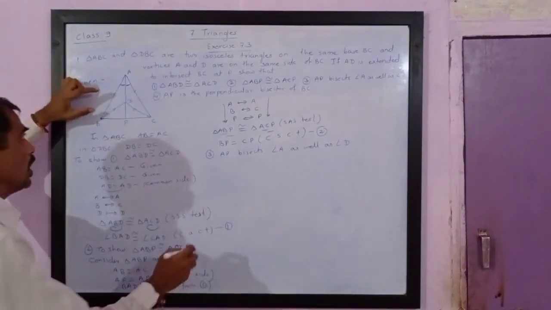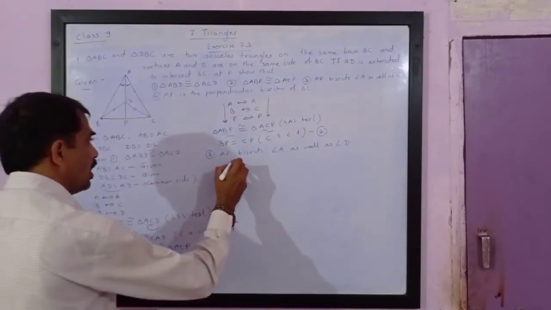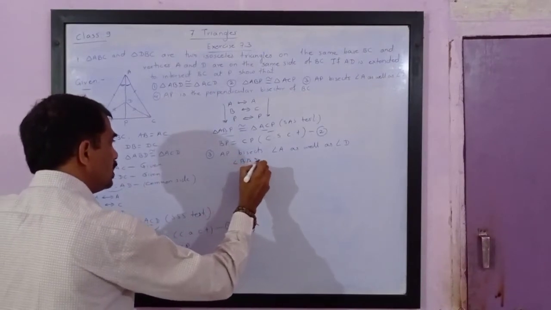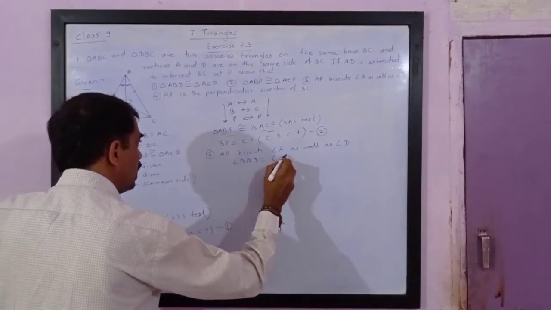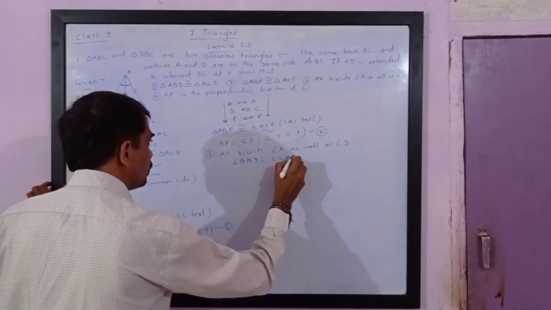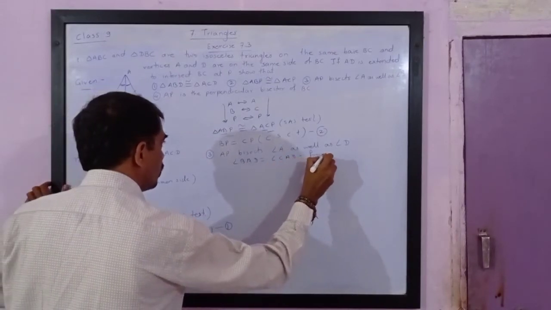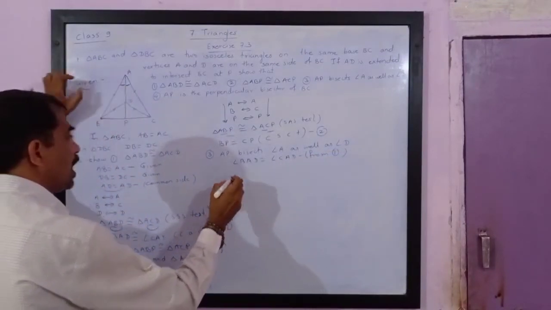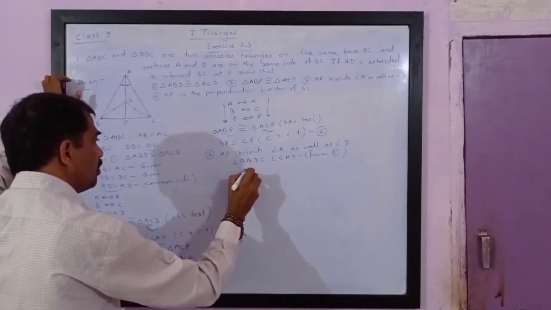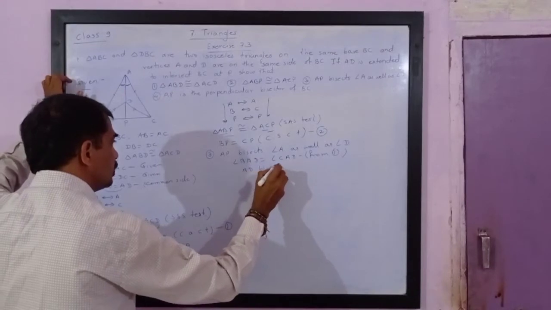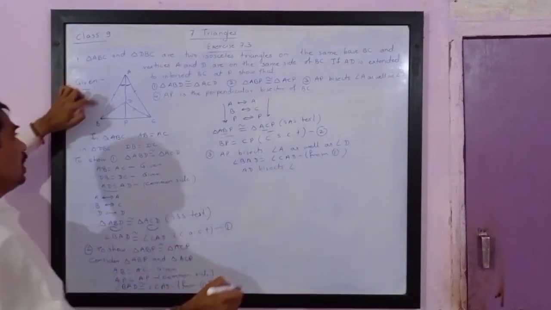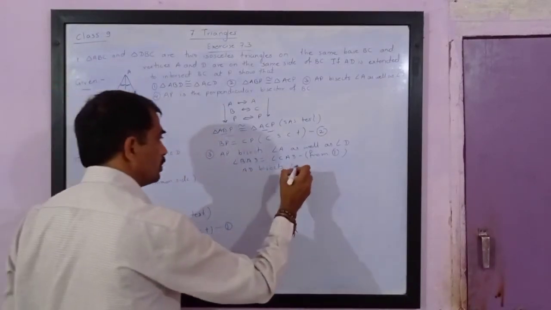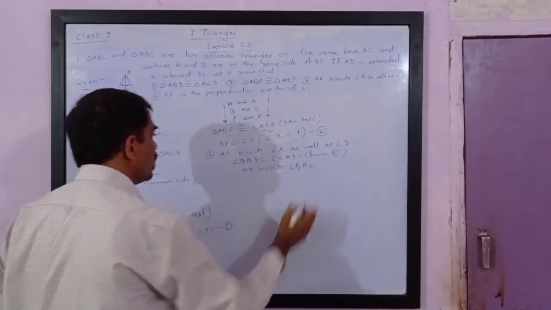Now from result 1 we have angle BAD is equal to angle CAD. That is our result 1. It means AD bisects angle BAC. Now look at the figure.